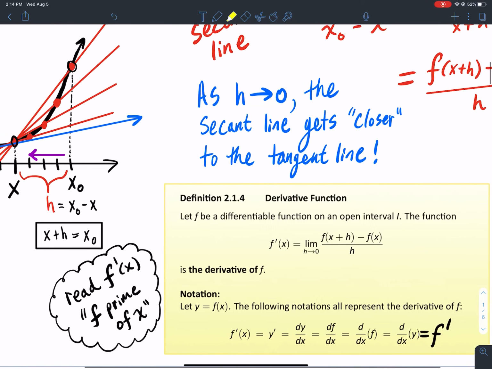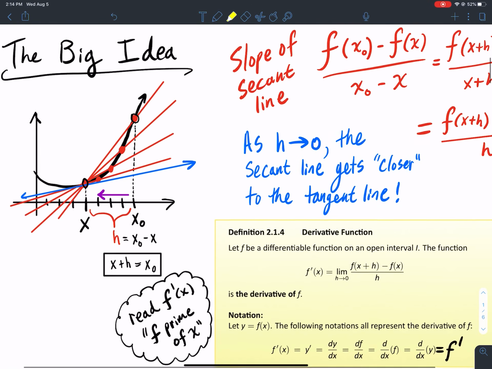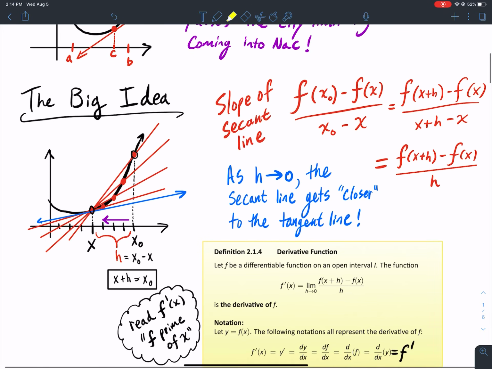Okay, guys, so hopefully you understand the big idea here. We're literally in calculus, what we're doing here is we're taking something that we know how to do from algebra, and then we're using a limit in some way to get this indeterminate form where then we can say, okay, if I limit h to 0, then that means I can get to as close to the same 2 points as possible.